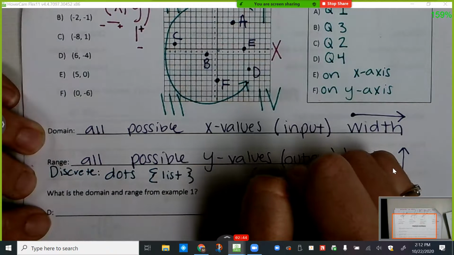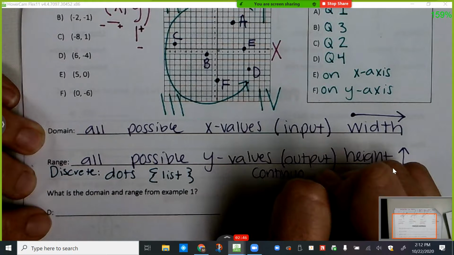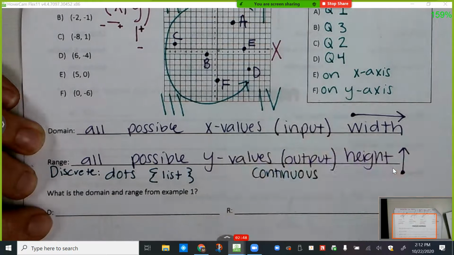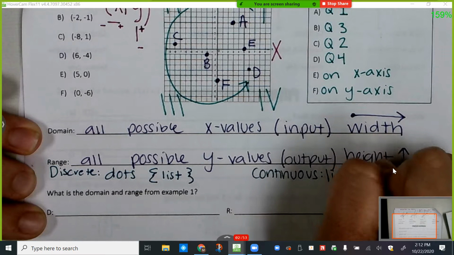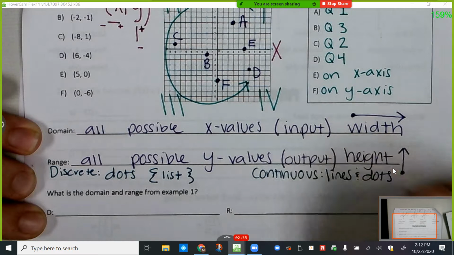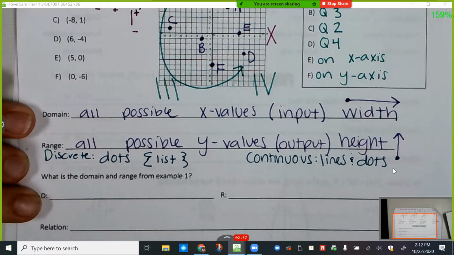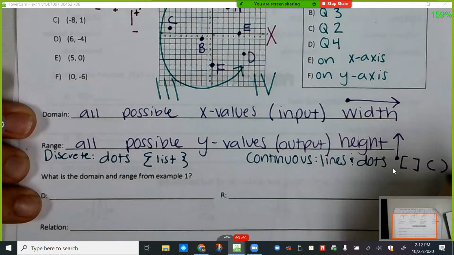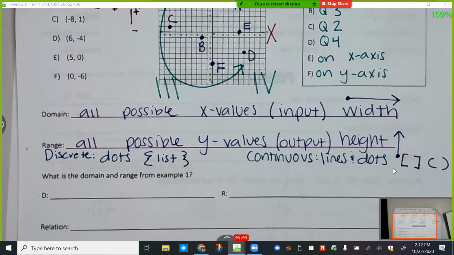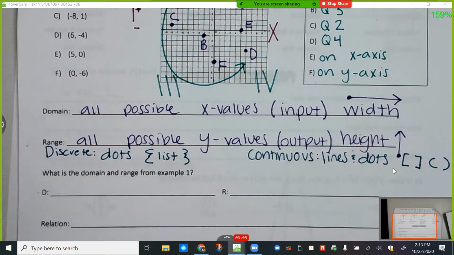Continuous is graphed with lines and dots. And it's doing domain and range like we've been doing with the brackets or the parentheses. Okay? So that's what we're used to seeing.